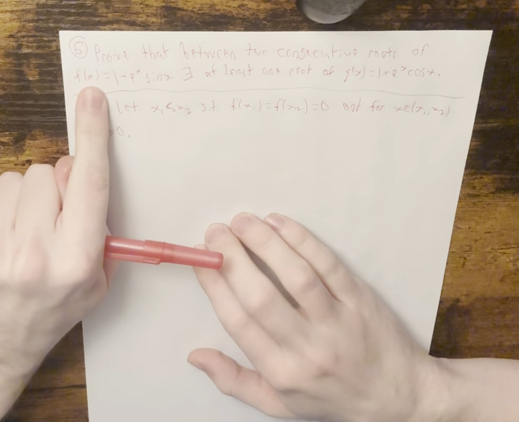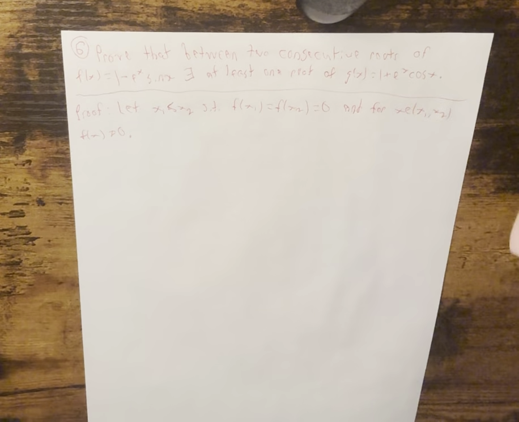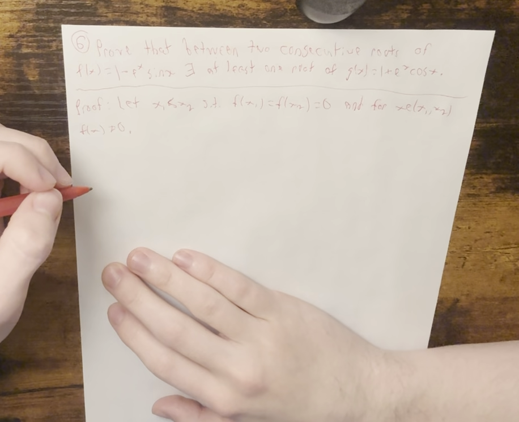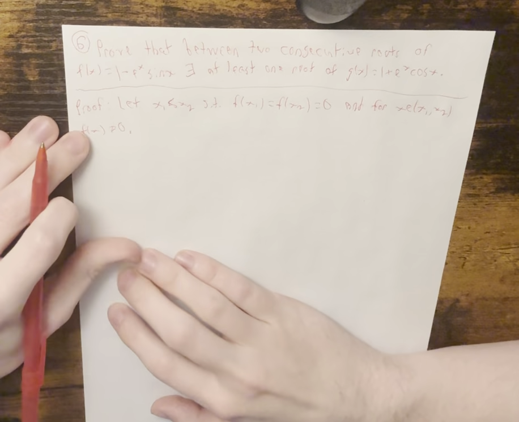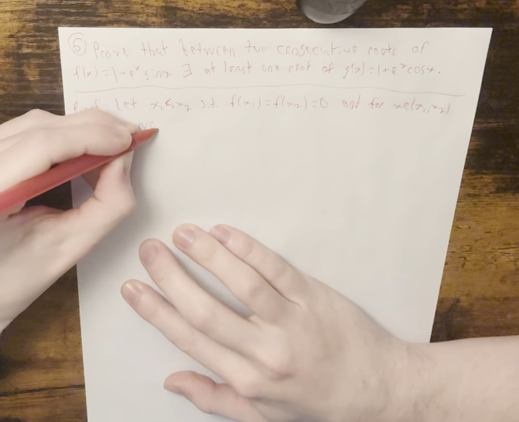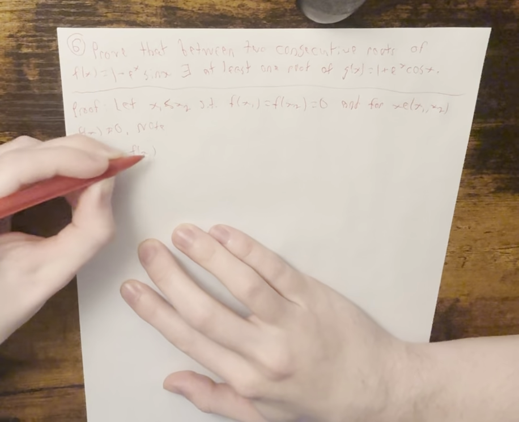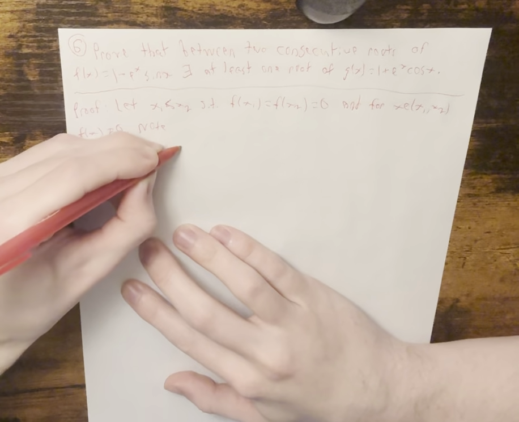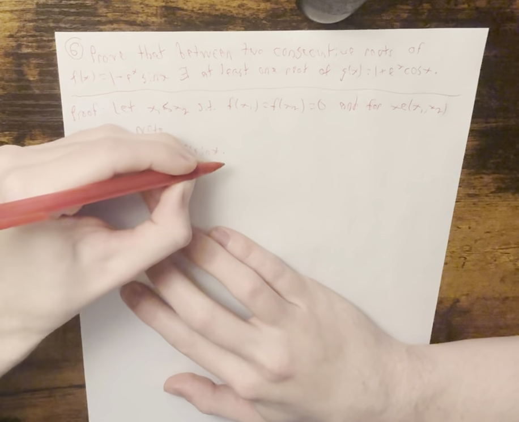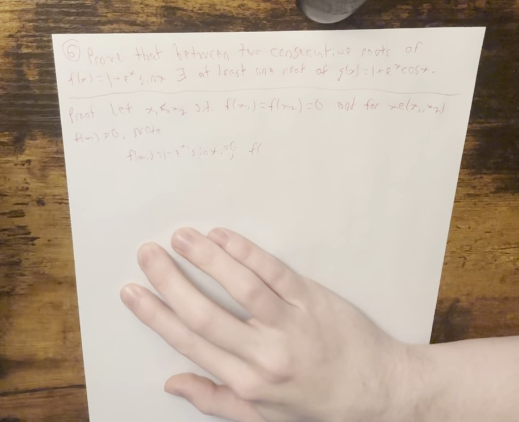Okay, and now we notice that f(x) and g(x), well, one is sine, one is cos, and the derivative of sine is cos. So first we will look at f(x1). Note f(x1) is equal to 1 - e^x1 sin x1, and similarly, this is equal to 0.